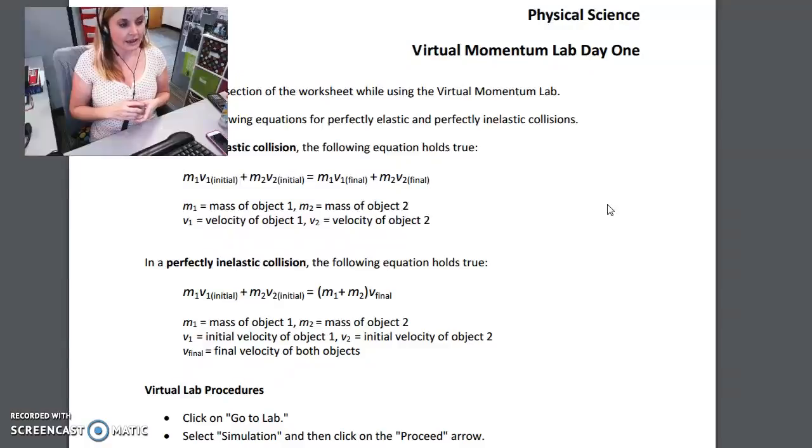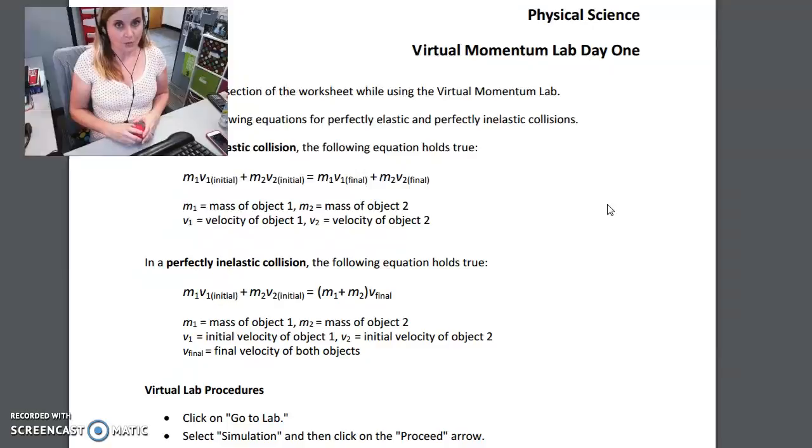What it looks at is the entire system. If two objects collide, both of their momentums will change, but where one may have a decrease in momentum, the other may have a corresponding increase. They balance each other out. That's the ideal situation, the law of conservation of momentum.